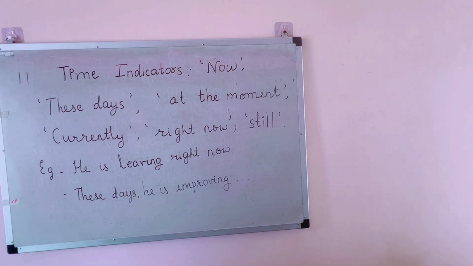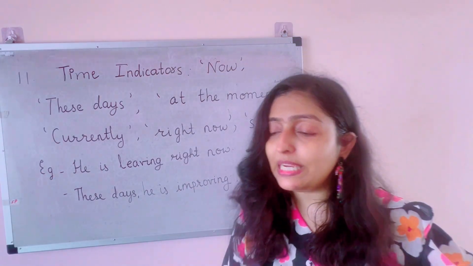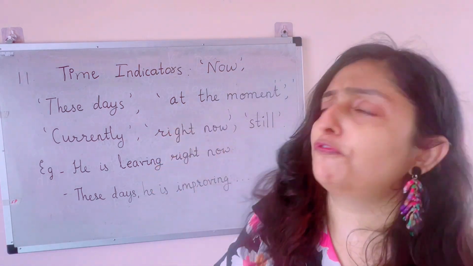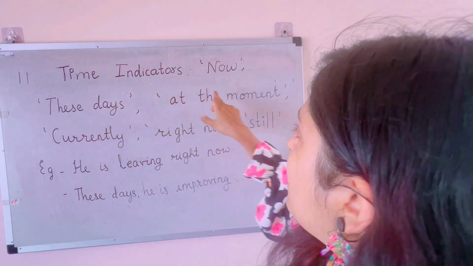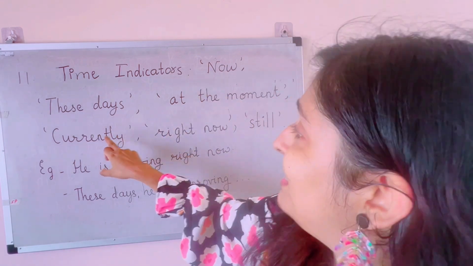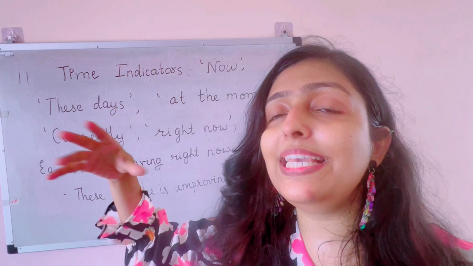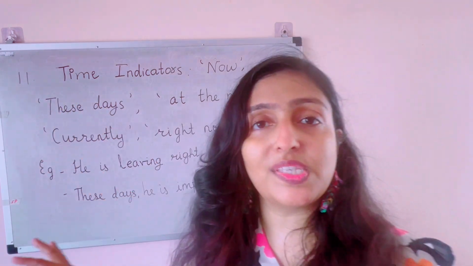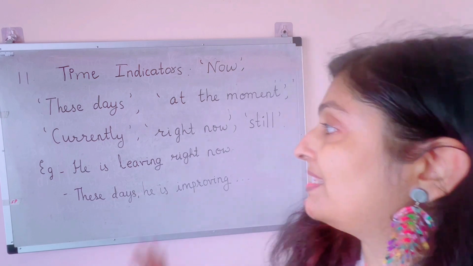Rule number 11, you need to know the list of time indicators. Some of them are mentioned here: now, these days, at the moment, currently, right now, still. So with these time indicators, we normally use present continuous tense.